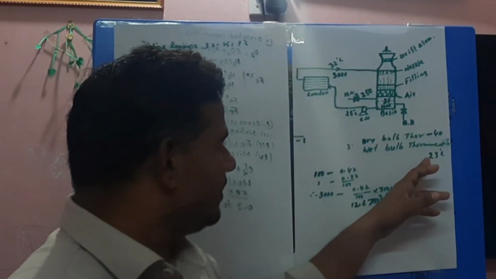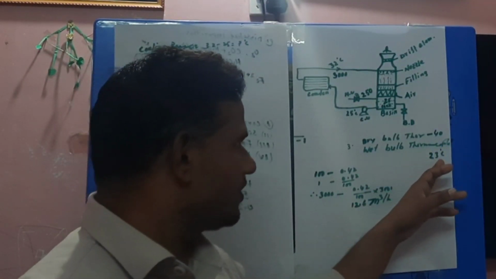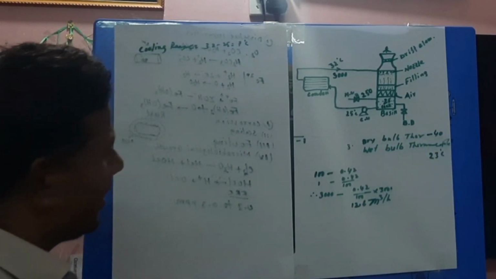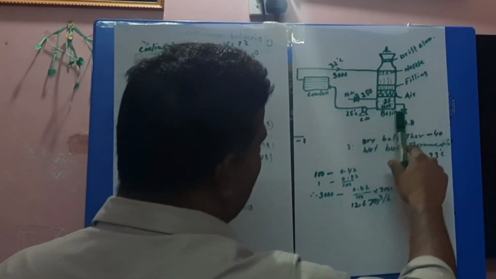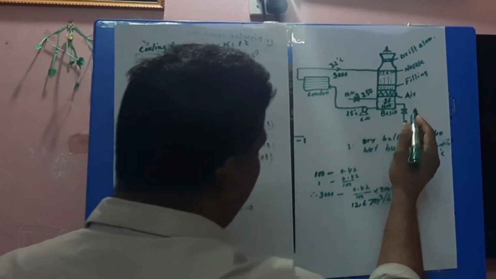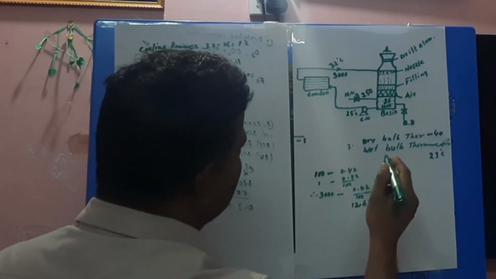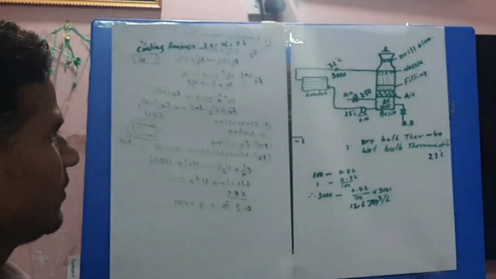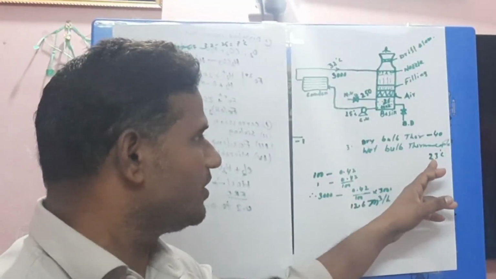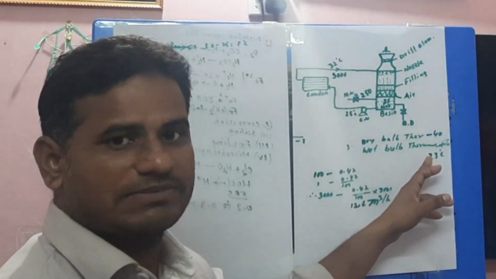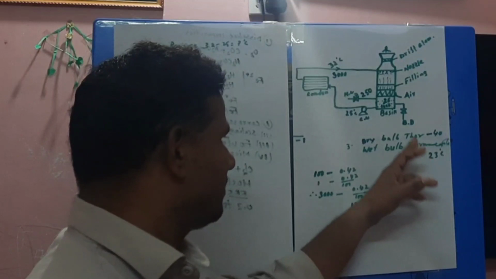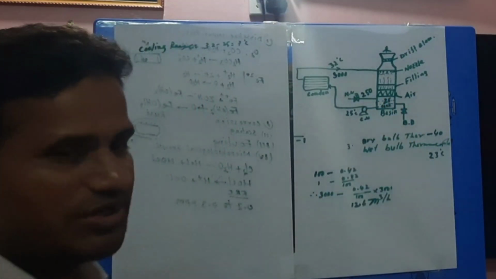So if the wet bulb thermocouple temperature is showing 23 degrees and dry bulb thermocouple temperature is showing 40 degrees, in our cooling tower we reduce this temperature up to 25 degrees centigrade. But it is possible to reduce this water temperature to a maximum of 23 degrees centigrade as per the wet bulb thermocouple result, but we reduce this temperature only up to 25 degrees centigrade.